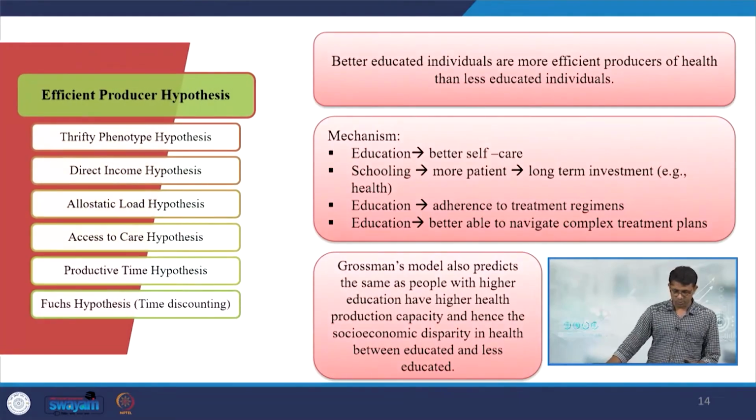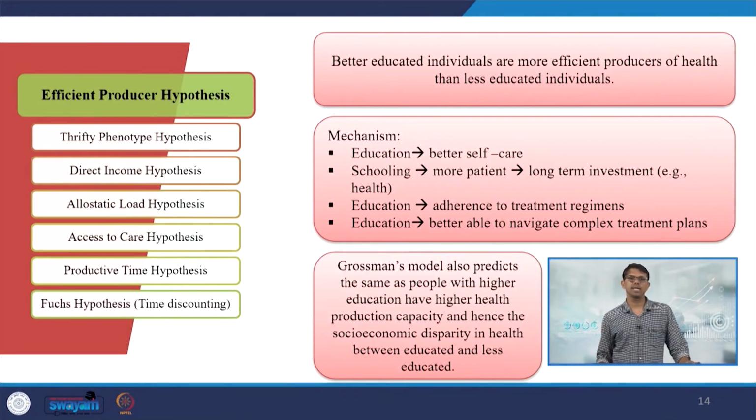Here are the details. We start with the efficient producers hypothesis. This is precisely mentioned as: better educated individuals are more efficient producers of health than the less educated individuals. There are different mechanisms by which this is attained. If education is there, then there will be better self care, and education is through schooling.